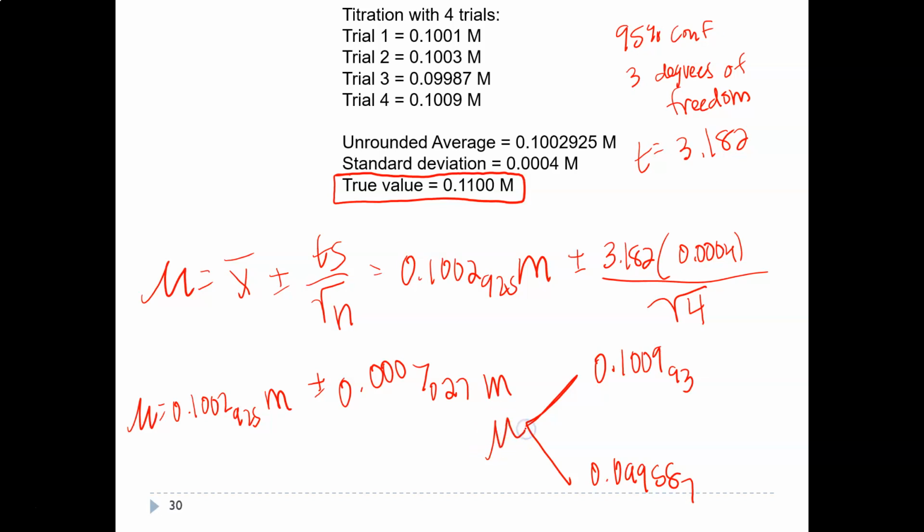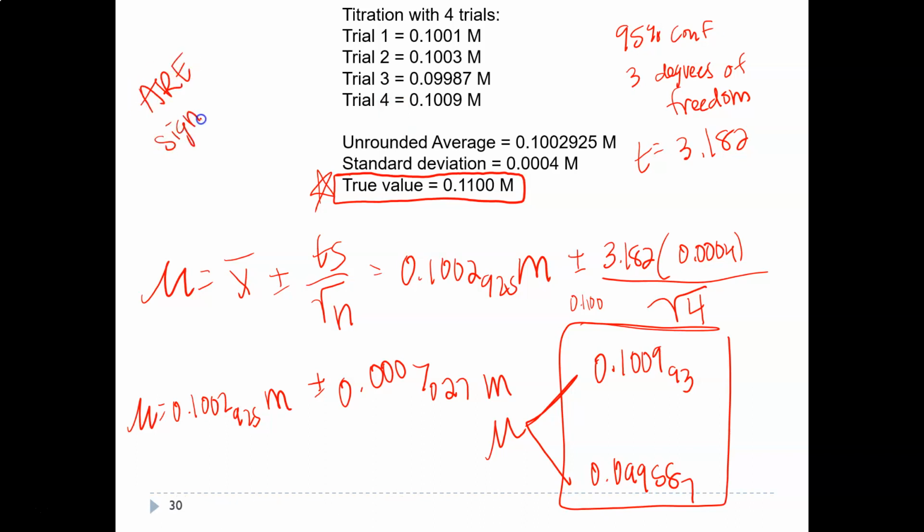Mu is somewhere, we're saying, within that range. Well, I'm telling you that the real value is 0.1100. So the way we're going to test this, does that fall within the range that we calculated? Well, 0.1100 is above the range we calculated. So that means my data and the true value are significantly different.